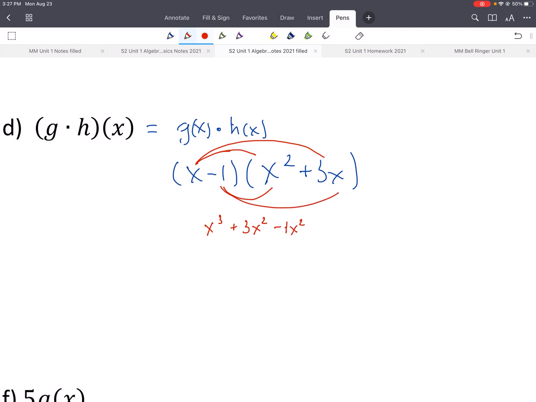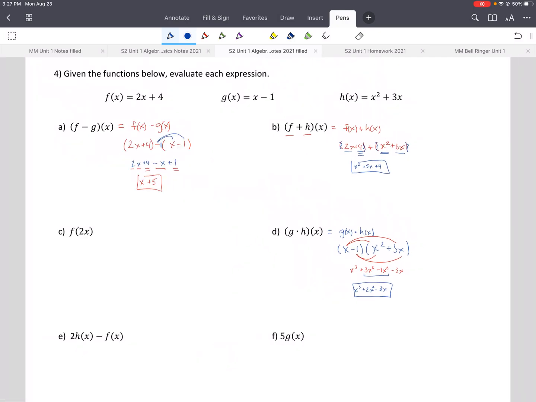And then negative 1 times 3x will give us a negative 3x. So now we just need to combine like terms. Looks like we have our x squareds. So x to the third plus 2x squared minus 3x.